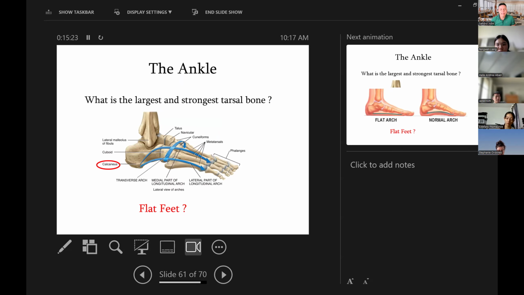This is when the ligaments that hold the different bones on the sole of our feet, the metatarsals and also the tarsals, are more stretchy. They don't hold the curvature at the bottom of our foot. So when you step, you're not going to have the same spring in your step because those ligaments are more loose.